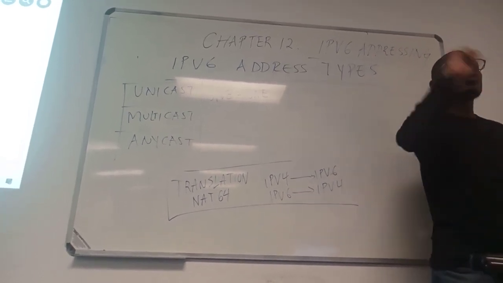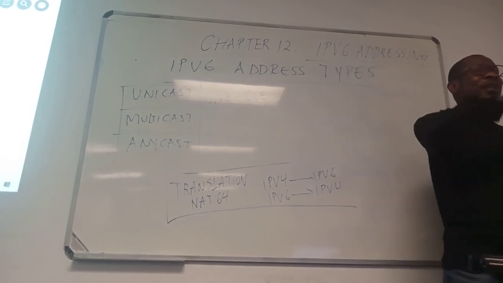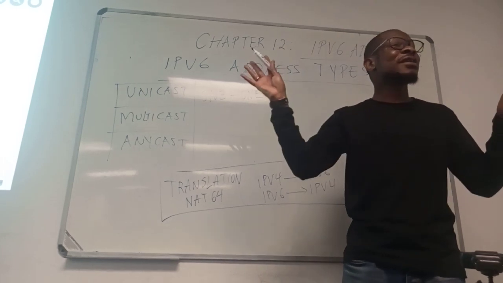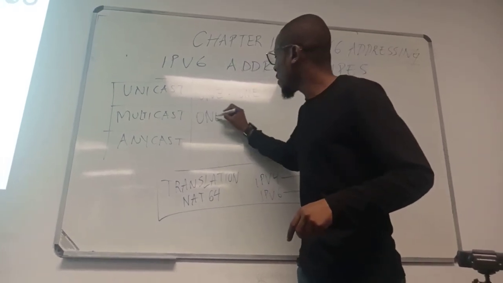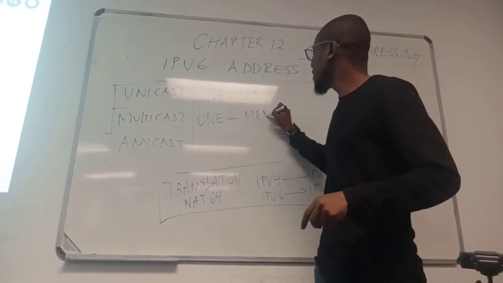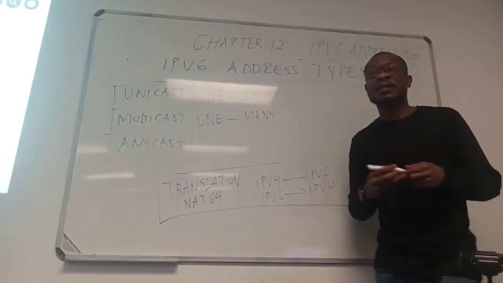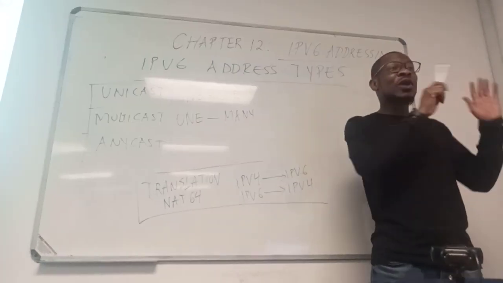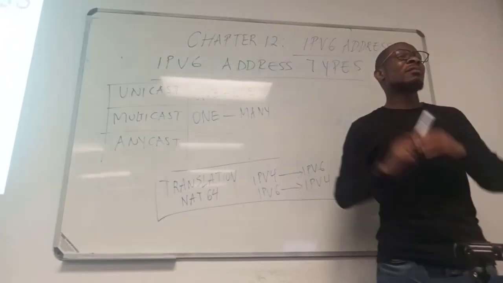So unicast is one-to-one. One device that talks to another device. Multicast is one-to-many. One to many. So this type of address will allow one computer to talk to many.